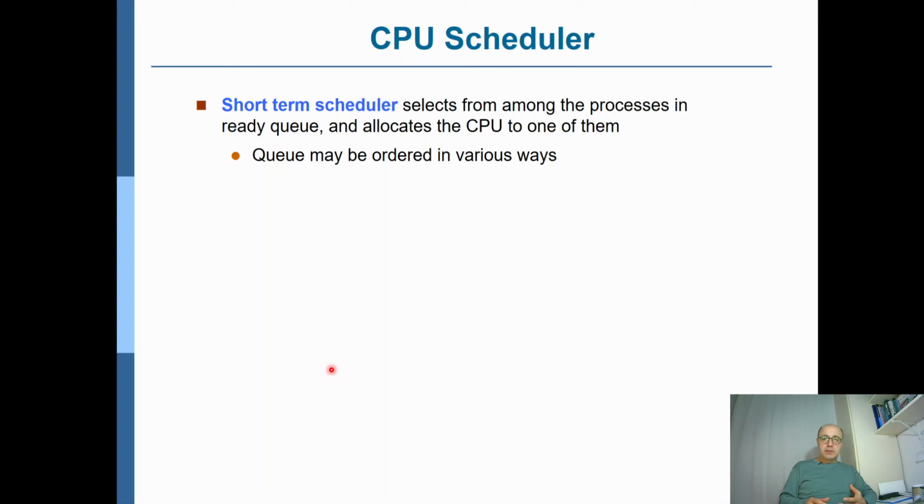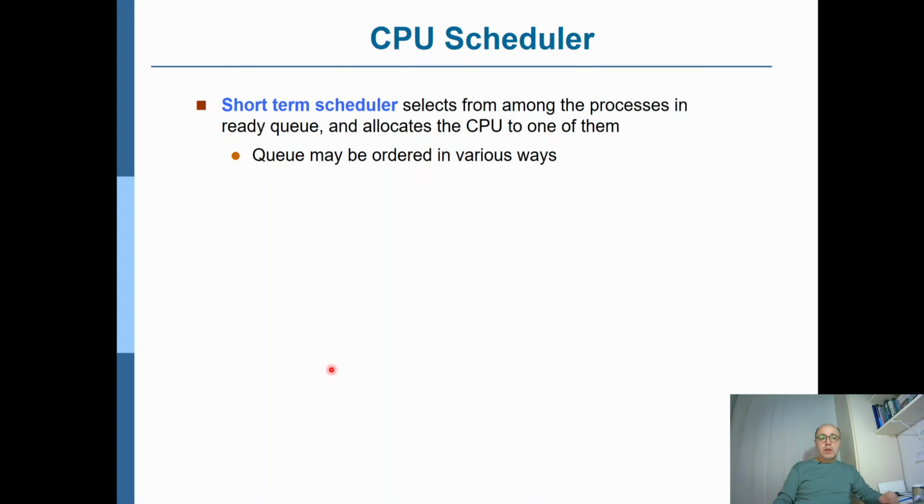Note that in this chapter, unless we mention otherwise, when we talk about CPU scheduling, we talk about a system with a single CPU that has a single core in it. And also our processes do not have threads. So every process, in other words, is composed of a single thread.